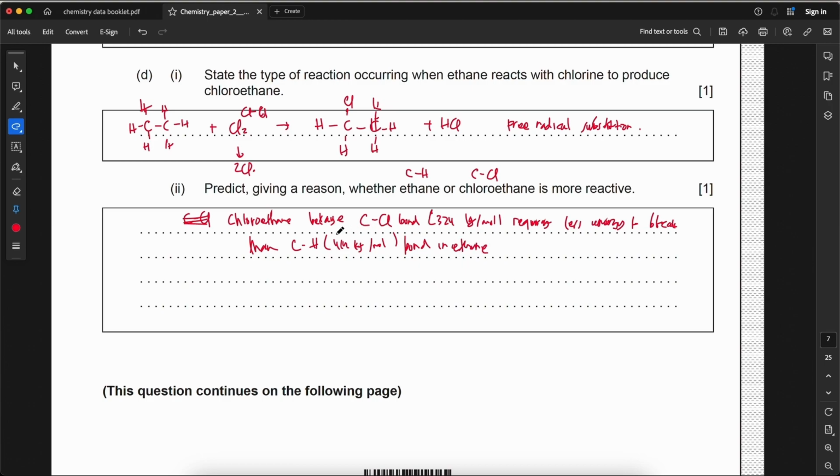So to break the C-Cl bond is much easier compared to C-H.